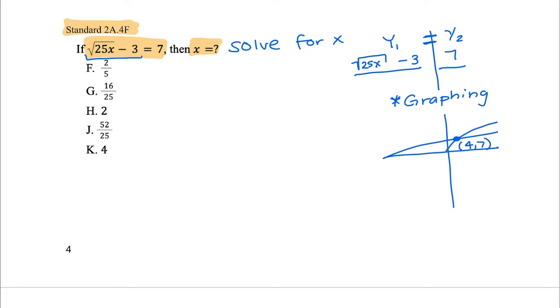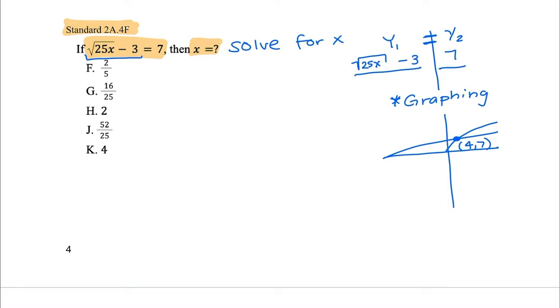In your own calculator, you are going to have to follow specific calculator steps. I think you're going to have to press the buttons second trace, and when you do that, you're going to press option number 5 that says intersect. You can go ahead and ask me or Miss Wimstead to help you guys with the intersection steps, so that way you can know how to find the 4,7 on your own.